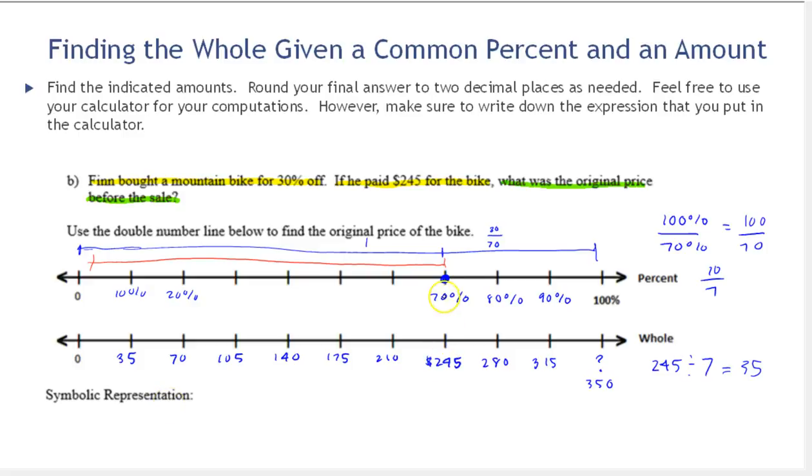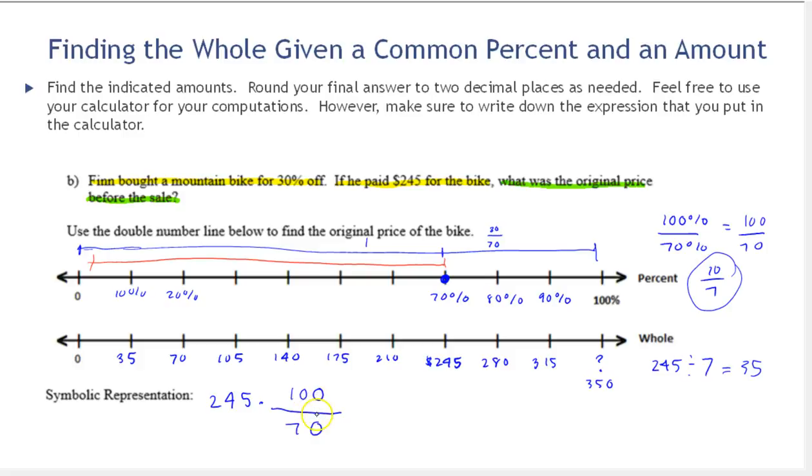We took the 70% of $245, okay, and we're going to use our original numbers. Remember, we divided by 7, and then we took 10 copies. And we could think of that as coming from our original 100% and 70%. So we will use 100 over 70 since those numbers were from the original problem.